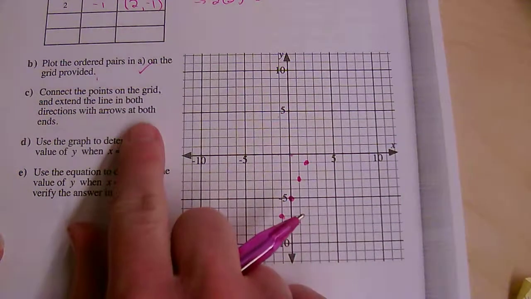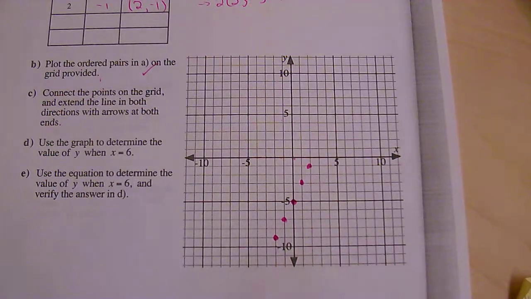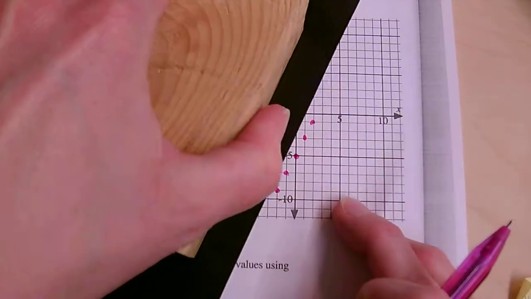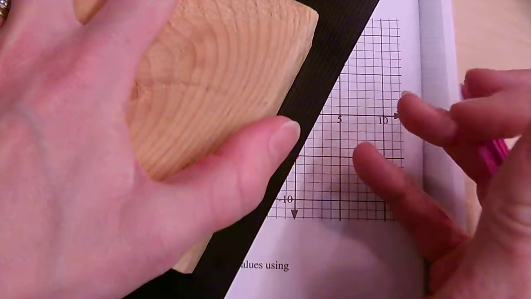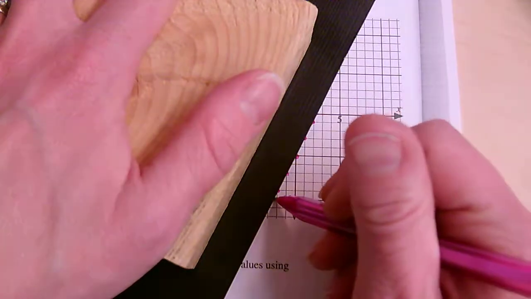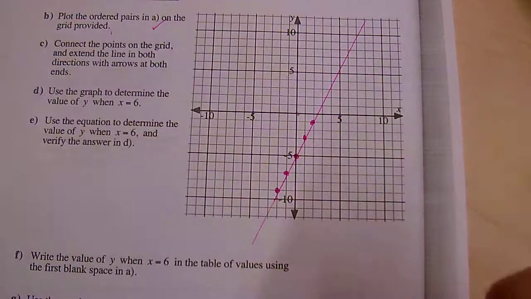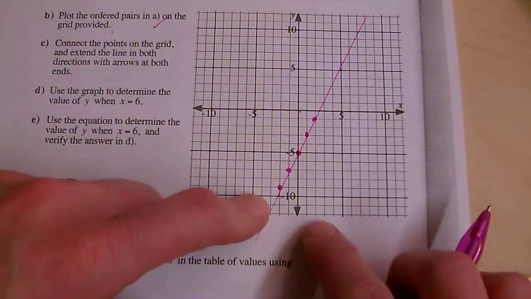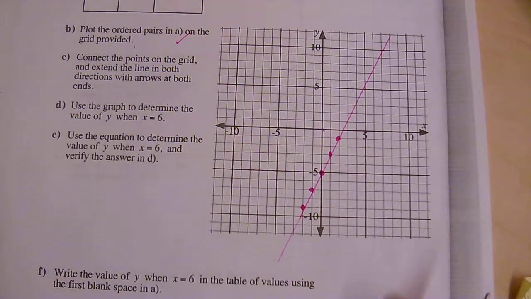Done. Connect the points on a grid. So we would definitely want to use a ruler, which I don't. Okay, this is kind of crazy. It's just a mirror, but okay, we want to use that ruler and we want to make sure that it's lined up to the best possible trend line. That's why those clear rulers are so good, because then you can put them kind of perfectly there.